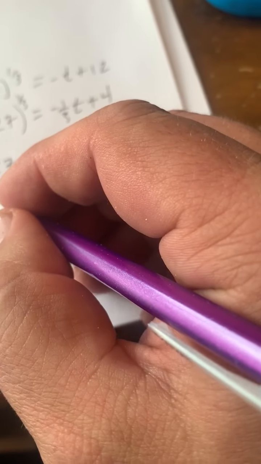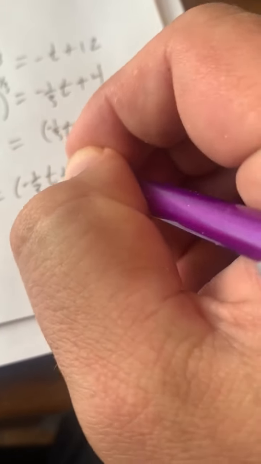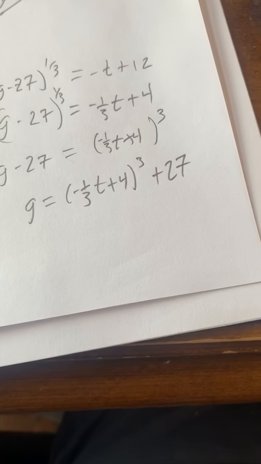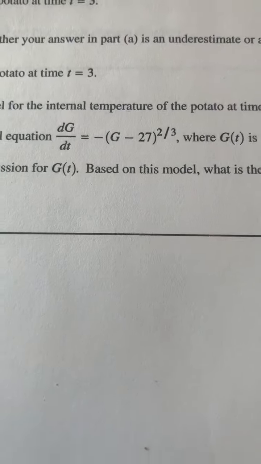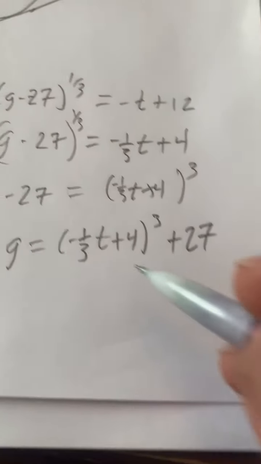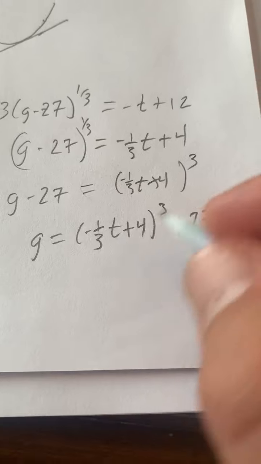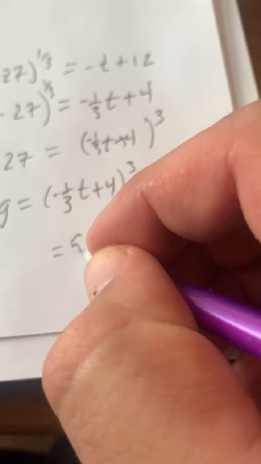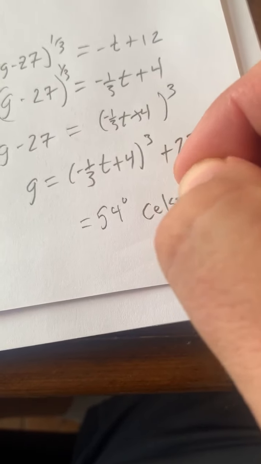Then if I add 27, I get g equals negative 1/3 t plus 4 to the third plus 27. Then they asked me to use that to estimate the temperature at time t equals 3. If I plug a 3 in here, 3 gives me negative 1 plus 4, which is 3, to the third is 27. So we end up getting 54 degrees Celsius at that time.